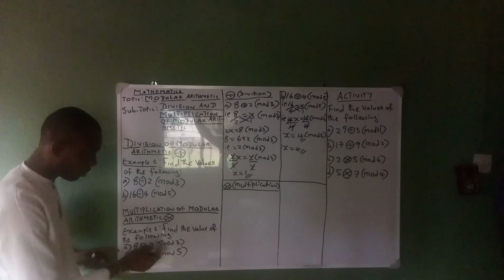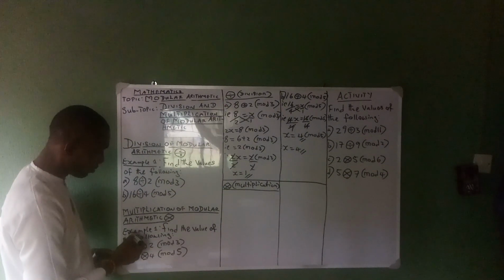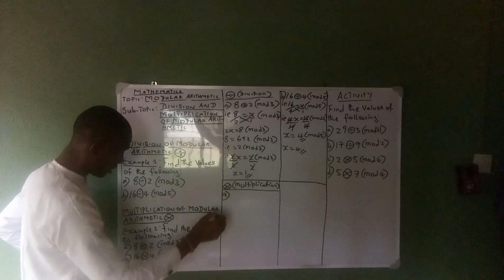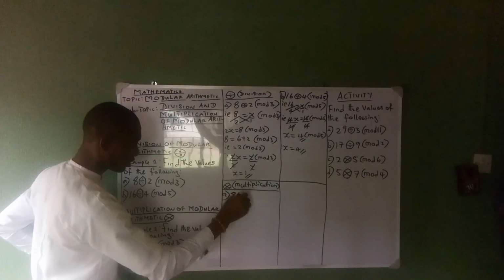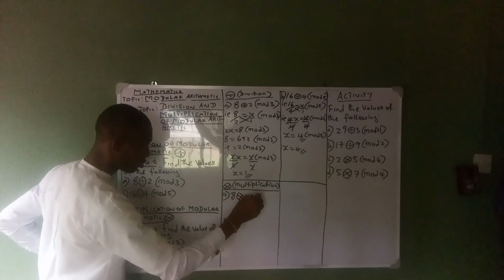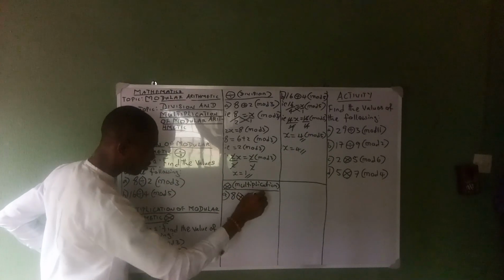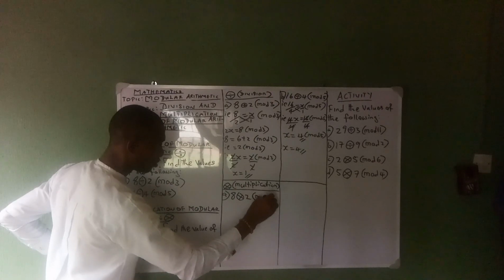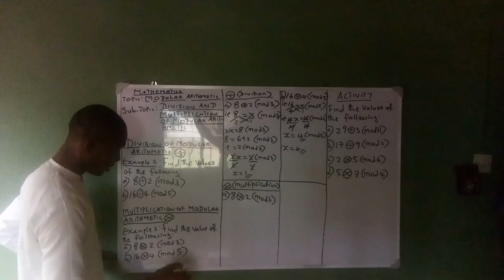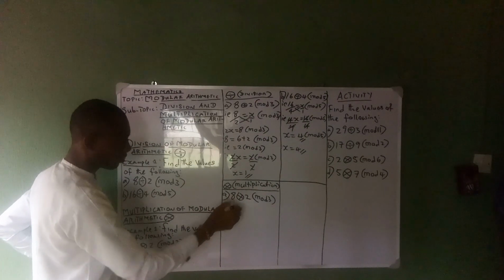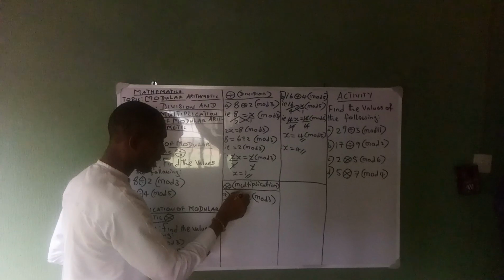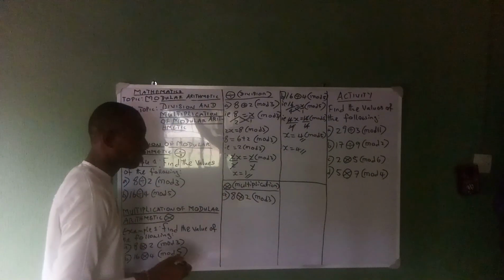This is example A. Under multiplication we have the A. The A is 8 times 2 in mod 3, just like the way we did it for the division. Now let us solve for the A and see what our answer will look like under the multiplication.